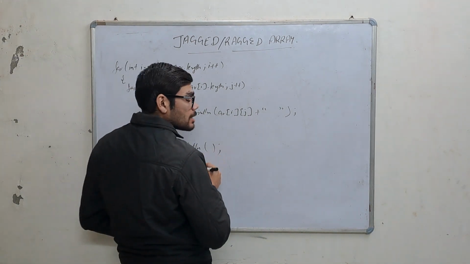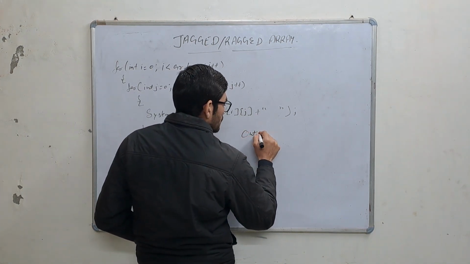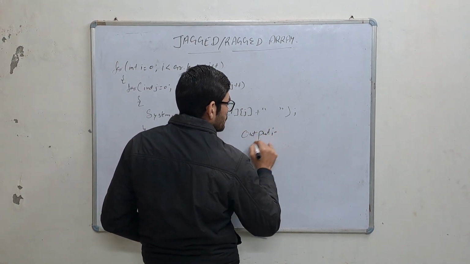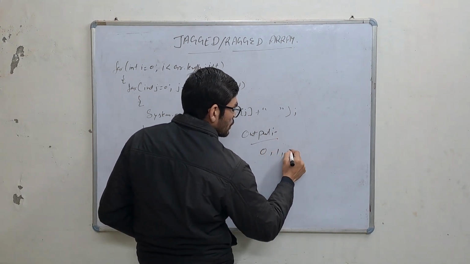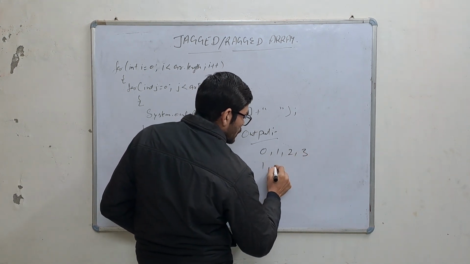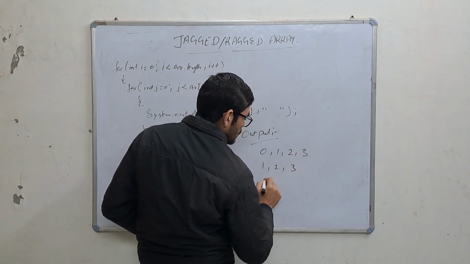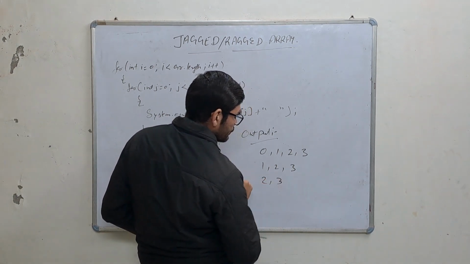So if we run this program, we can see the output in the console as 0, 1, 2, 3, 0, 1, 2, and 0, 1.